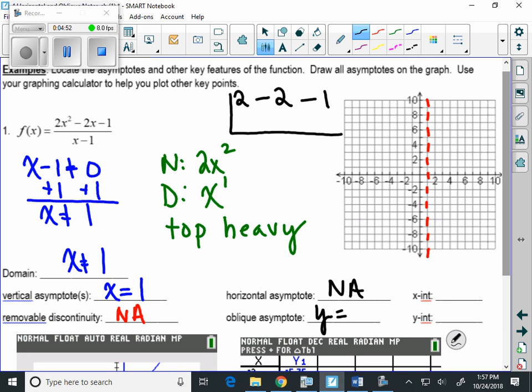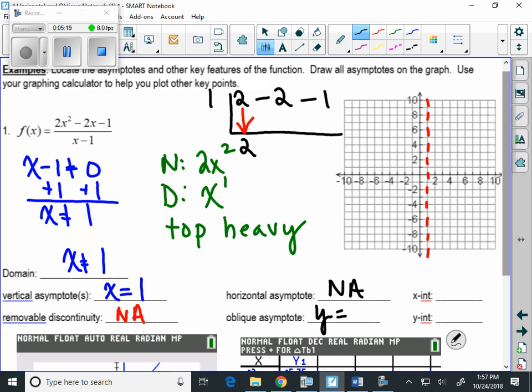When we divide with synthetic division, we change the sign here. It says x minus 1. So we're going to change that to a positive 1. If it were x plus 1, we change it to negative 1. We bring down this term right here. Every single time that happens. Bringing down the 2.